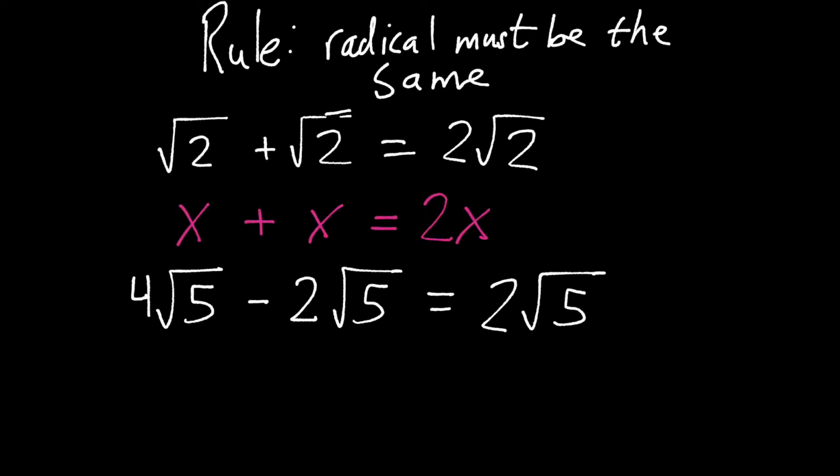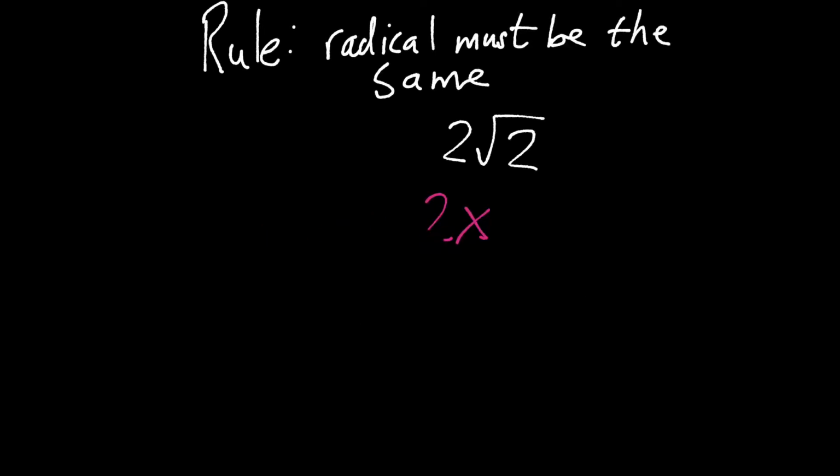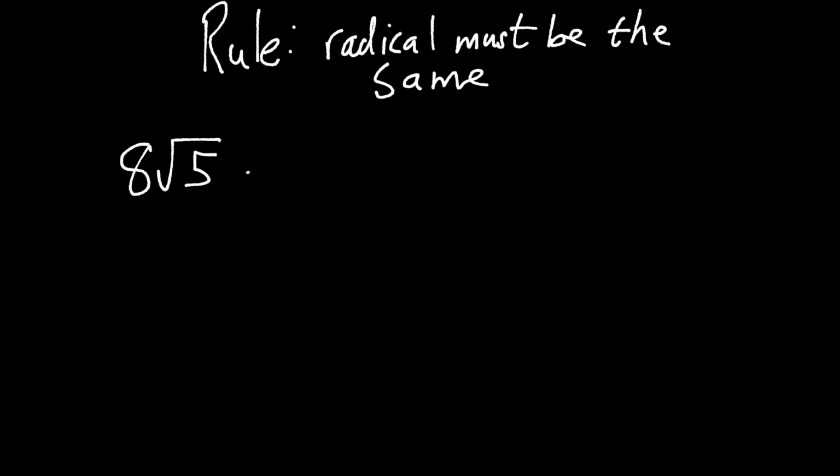Okay, but let's look at one little more complicated problem, as you will see stuff like this on your homework for certain. Let me erase this here. And let's say we have 8 times the square root of 5 minus the square root of 45 minus, let's go with the square root of 80.